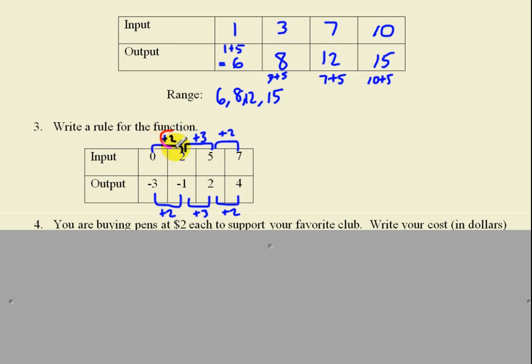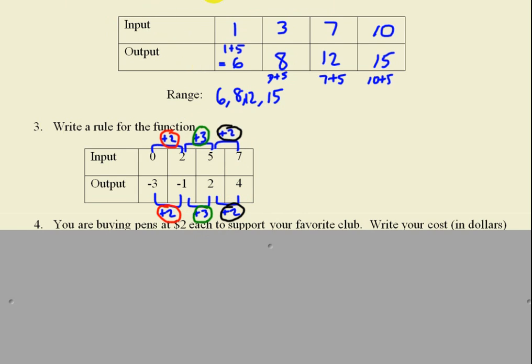So here we have an input change of 2, or increase of 2, gives us an increase of 2 in the output as well. And an increase of 3 in the input gives us an increase of 3 in the output. And an increase of 2 in the input gives us an increase of 2 in the output.